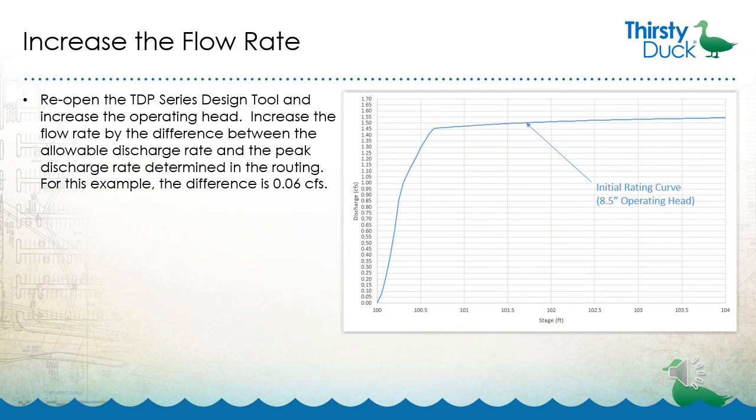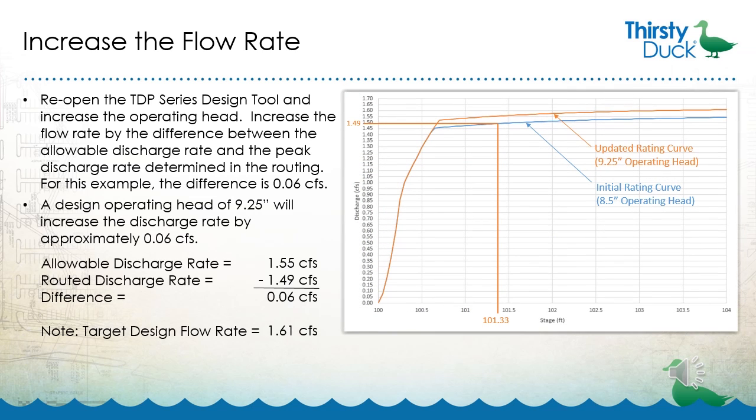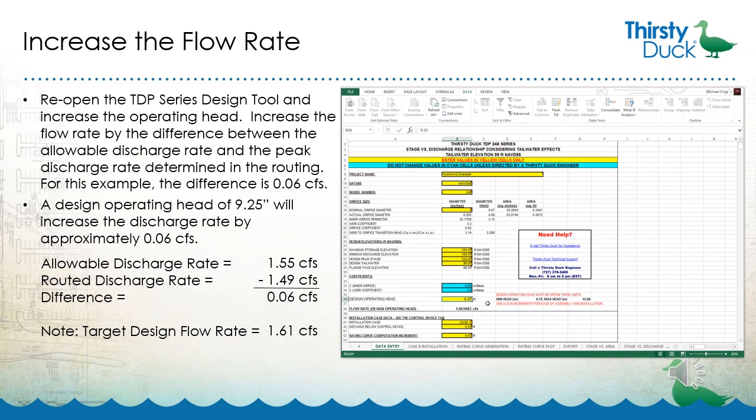Increase the flow rate by the difference between the allowable discharge rate and the peak discharge rate determined in the routing. For this example, the difference is 0.06 CFS. A design operating head of 9.25 inches will increase the discharge rate by approximately 0.06 CFS.